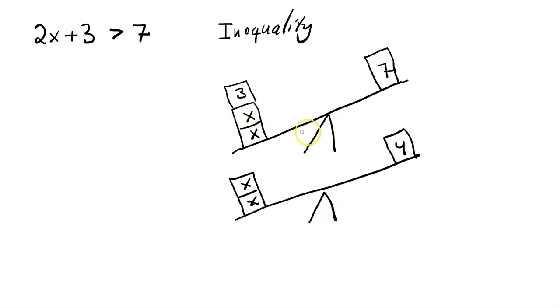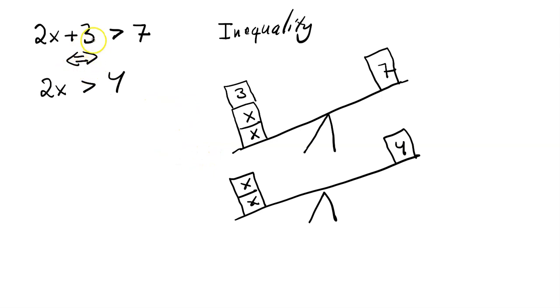If you have an x that makes this inequality true, then it must also make this true, since we have removed the same amount on both sides. Meaning that this inequality must be true if this is true, and vice versa. So these have the same solutions. These are equivalent. These are two equivalent situations.